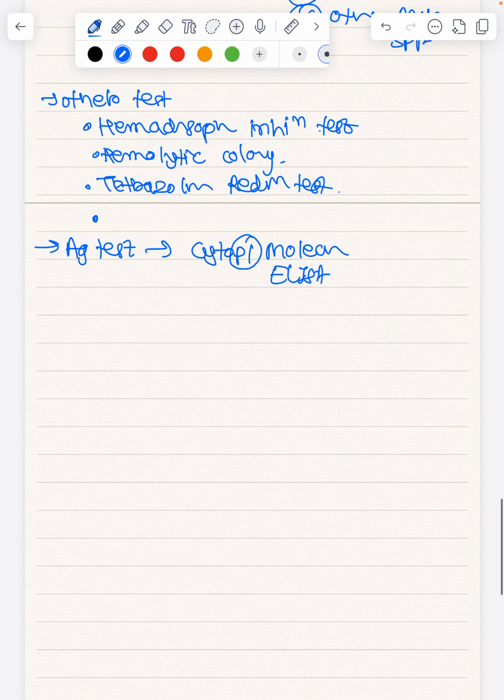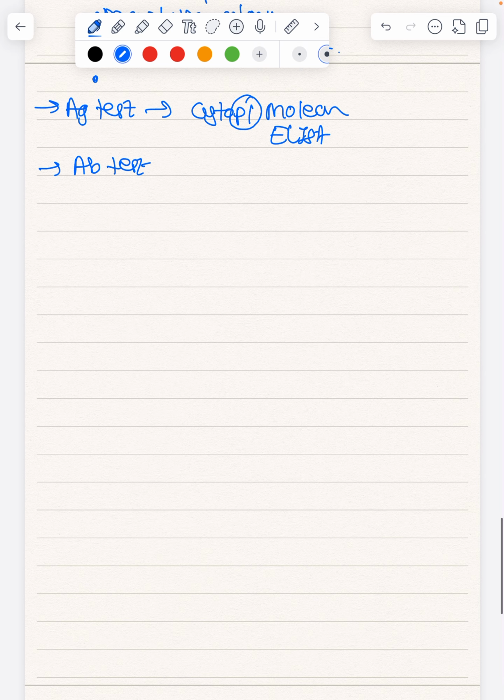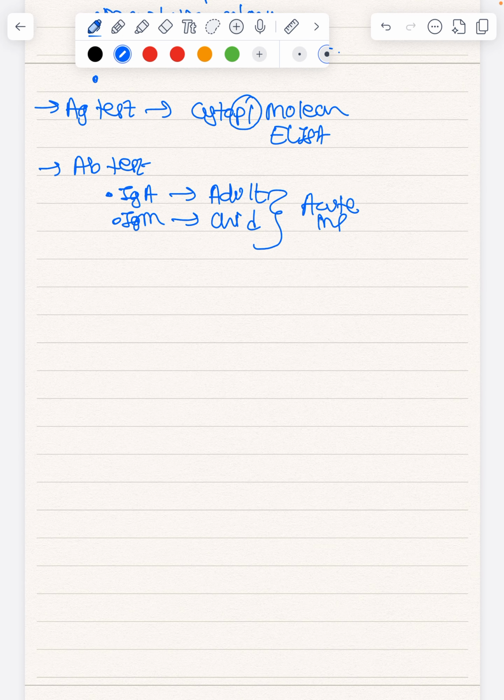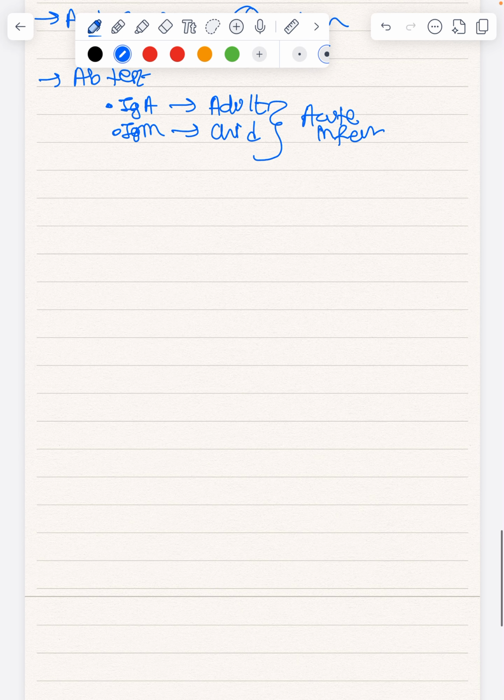Then other antibody detection tests. In the antibody detection test, IgA detection will be helpful for adults, IgM for children. This will help to detect the acute infection of Mycoplasma. These two molecules are important.